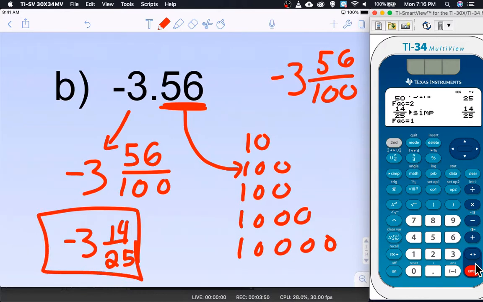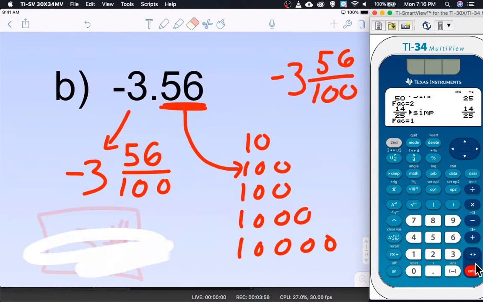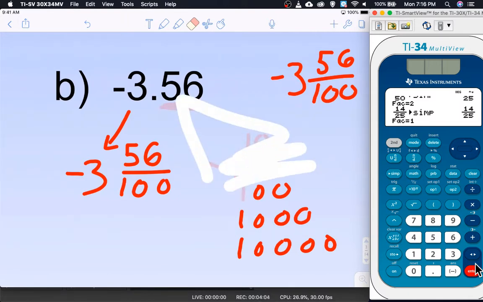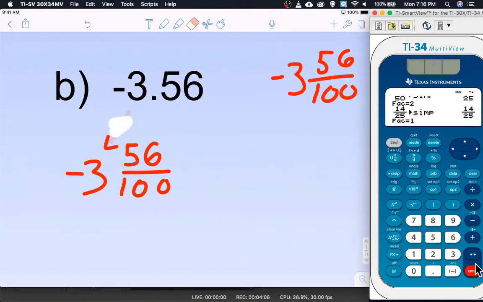Now, technically, I guess, this is not officially a fraction. This is a mixed number. And I didn't even have to simplify it because it just said show that it's a rational number by writing it as a fraction. I would accept -3 and 56 over 100. Fine. But some people may not.